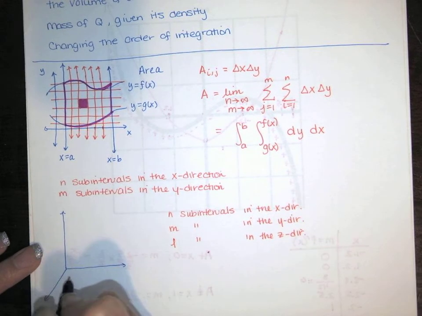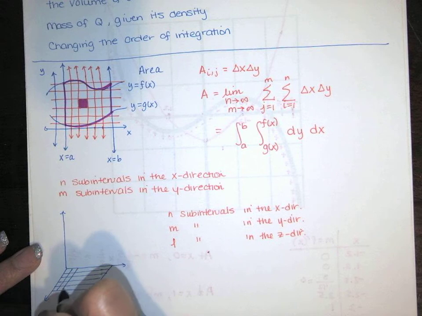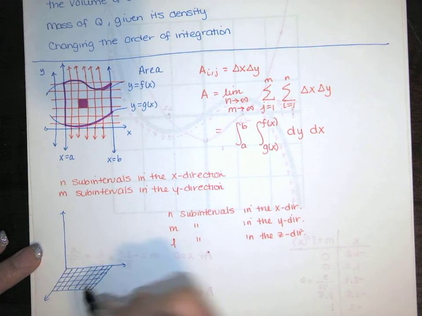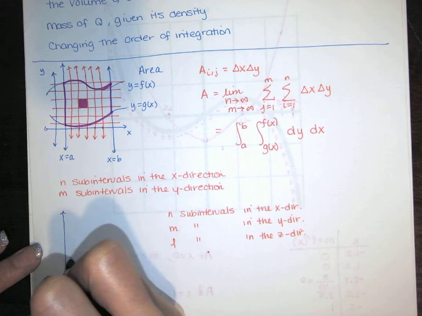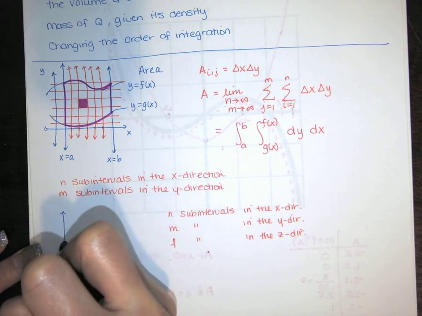So you've got n subintervals in the x direction and m subintervals in the y direction, and L subintervals in the z direction.